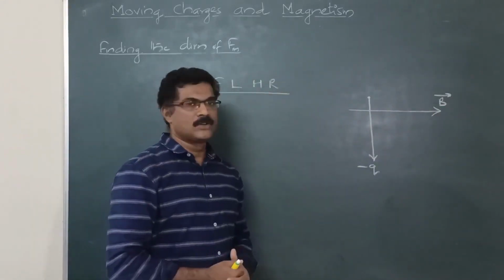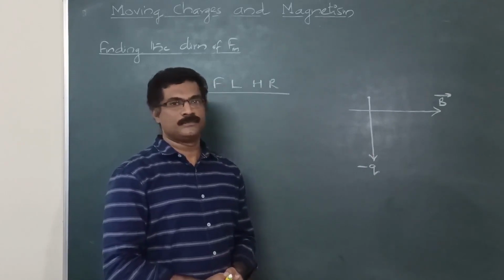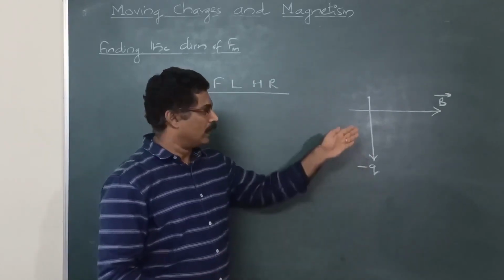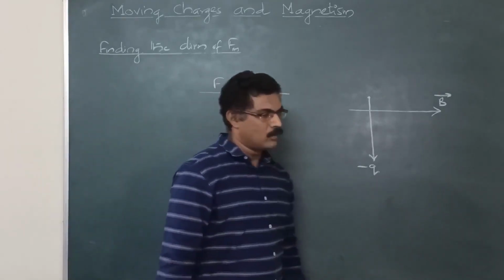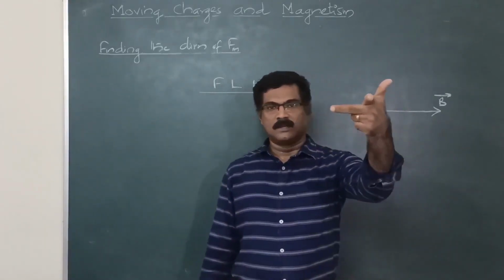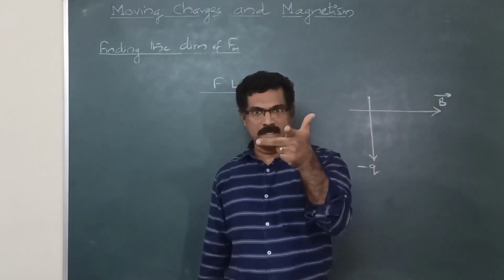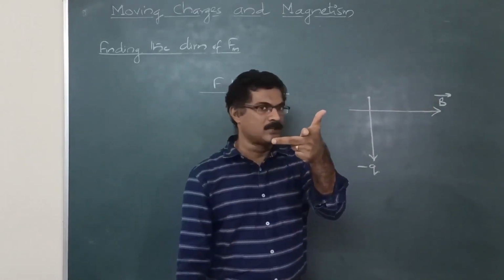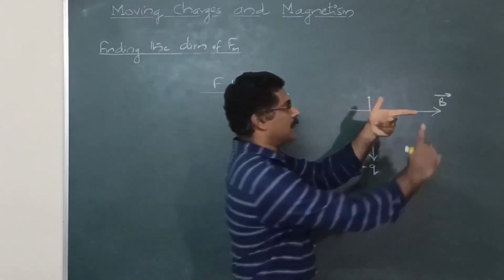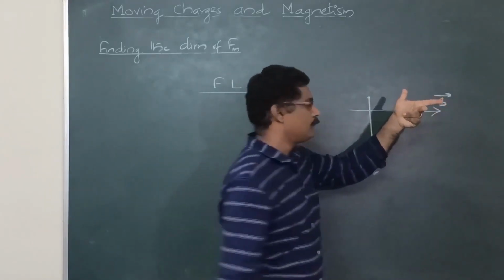What is the direction of the magnetic Lorentz force? We can find the direction using Fleming's left hand rule. Stretch the three fingers of the left hand like this. The forefinger is in the direction of the magnetic field, like this.